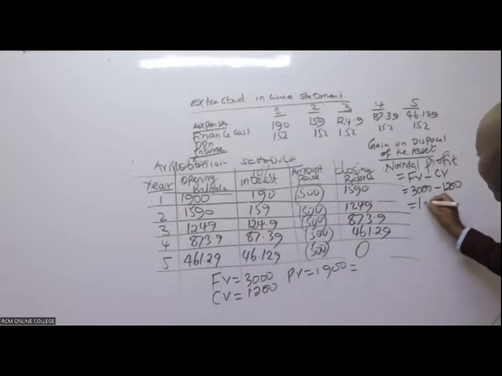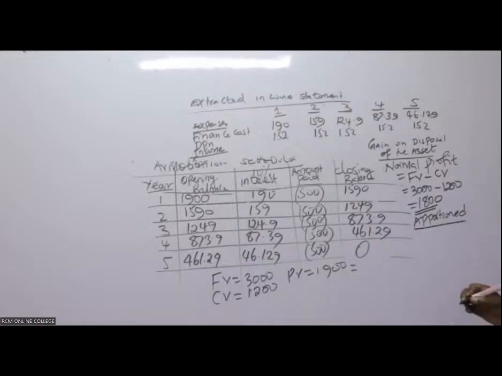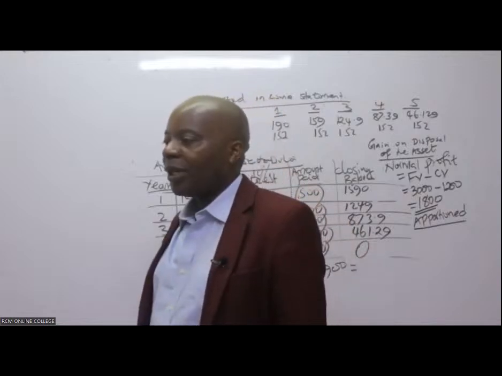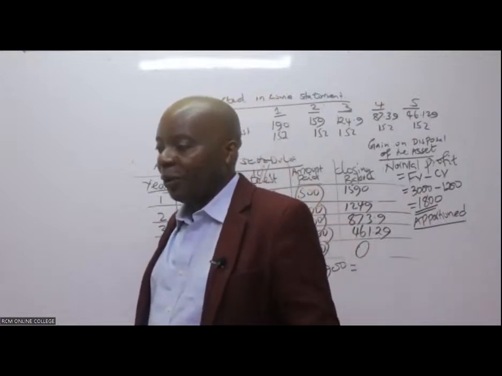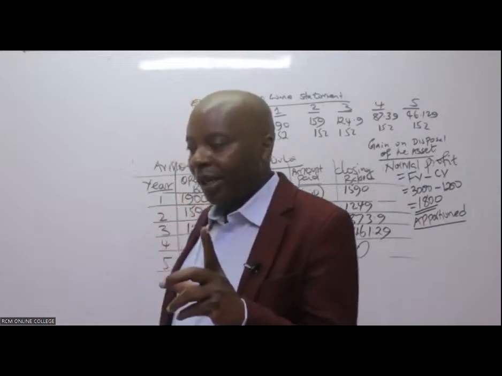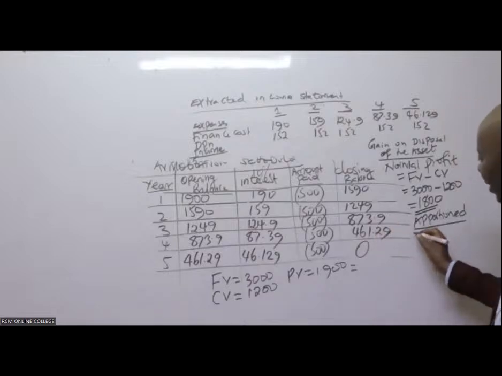But now remember that this 1,800 must always be apportioned. Is there somebody who remembers what criteria I am going to use to apportion? If you remember, ladies and gentlemen, we have our apportionment formula. Not many students remember this apportionment formula.